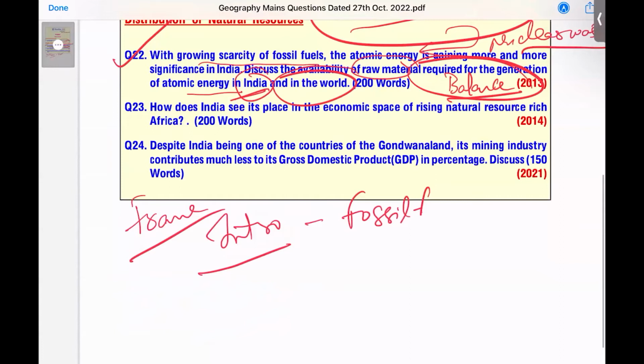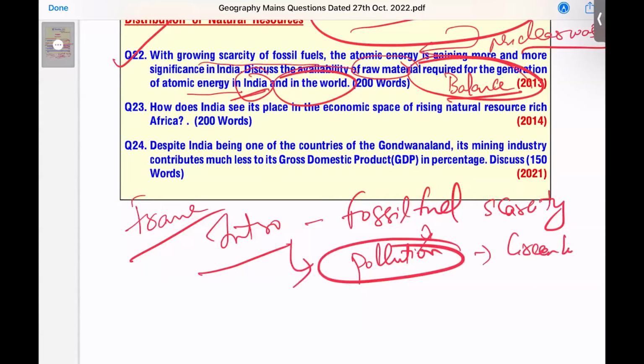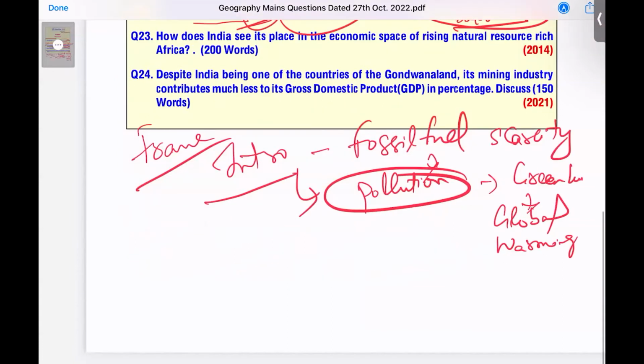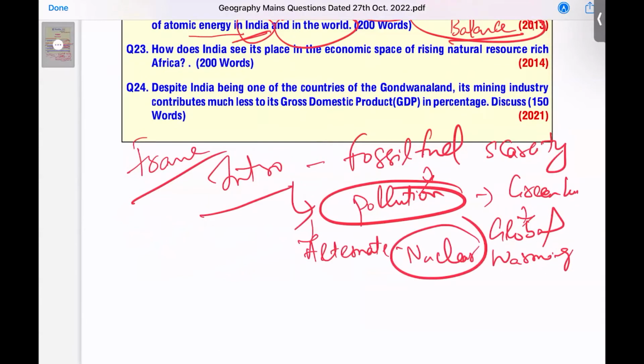All these are serious issues, and the need of the hour is to look out for alternate energy resources. As of now, nuclear promises to be one. That can be your introduction. So you are beautifully bringing the examiner to the point that yes, I am talking about atomic energy. Then coming to the body, you just say atomic generation.